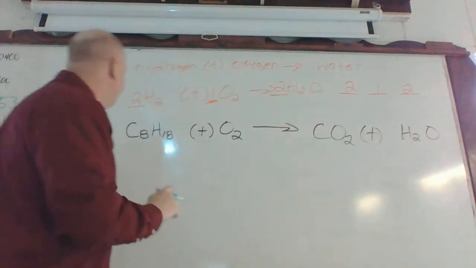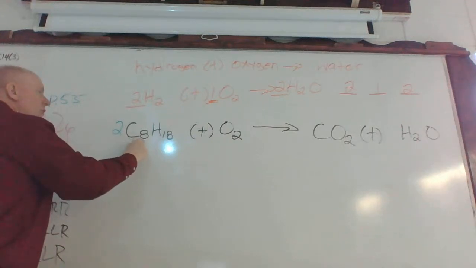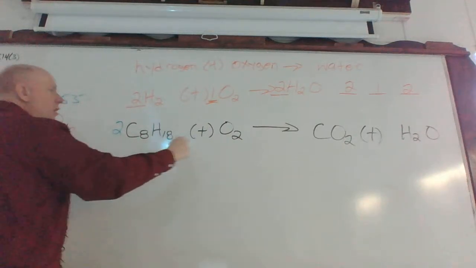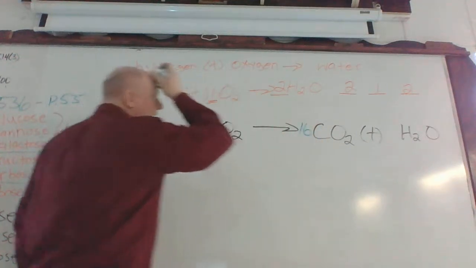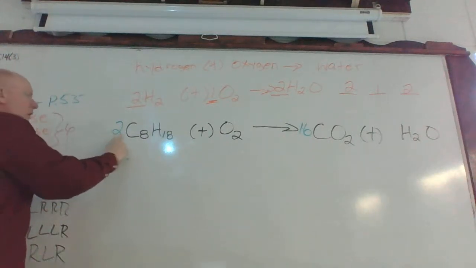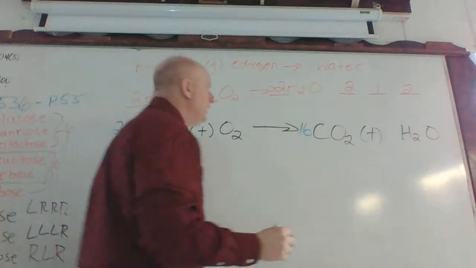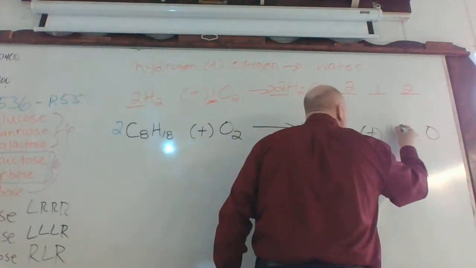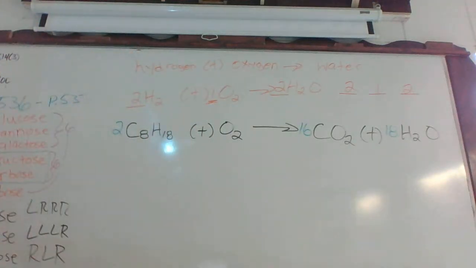So if we double this, okay, 2 times 8 will give us 16. We've got 1 carbon here, so you take that times 16. Our carbons are now balanced. However, 2 times 18 would now give us 36, and we put an 18 there, and now our hydrogens are balanced.